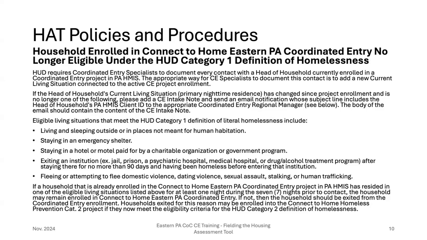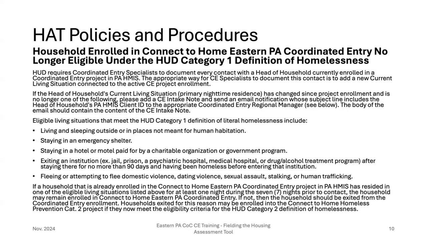Because HUD requires Core Entry specialists to document every contact with a head of household currently enrolled in Coordinated Entry, if upon contacting us to provide an update or to ask for an update, the head of household discloses that their current living situation has changed since project enrollment, continue to do what we've always done, which is add a CE intake note and send an email notification to the appropriate regional manager explaining the change in living situation.